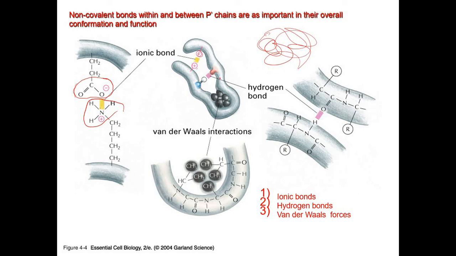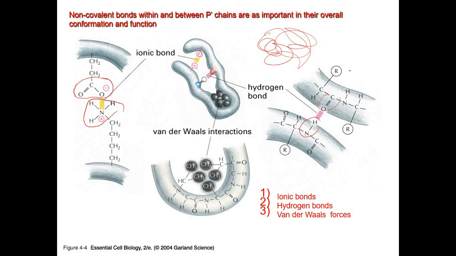So you also have hydrogen bonding. So these are hydrogen bonding. You have van der Waals interactions. Okay? So you can have hydrogen bonding from side chains. So these are side chain hydrogen bonding. And you can also have hydrogen bonding from your carboxyl or from your amino, those in the main polypeptide, right?